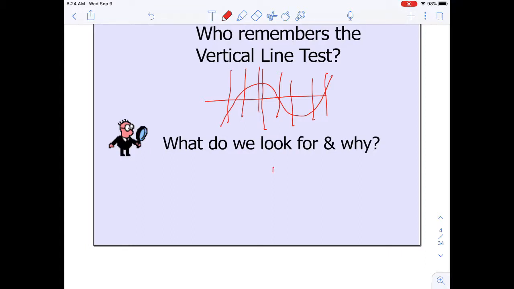If you had a relation like this and drew a vertical line, and it intersects the graph in two places, then for this particular x value, let's say that's a 5, there's a positive output and also a negative output. There are two different outputs, and that's not the definition of a function. A function says that for every input, there's exactly one output. So we have two here. This one would not be a function, and this one would be a function because of the vertical line test.